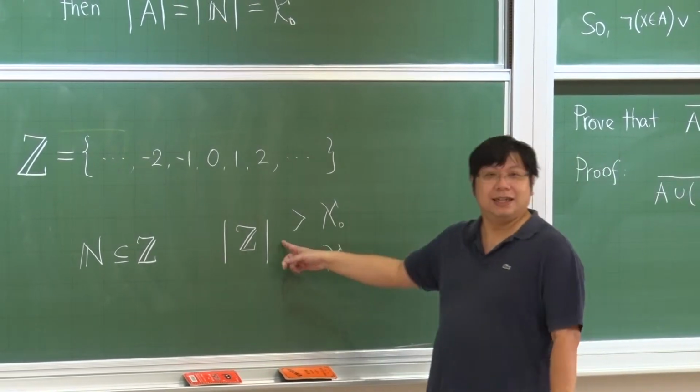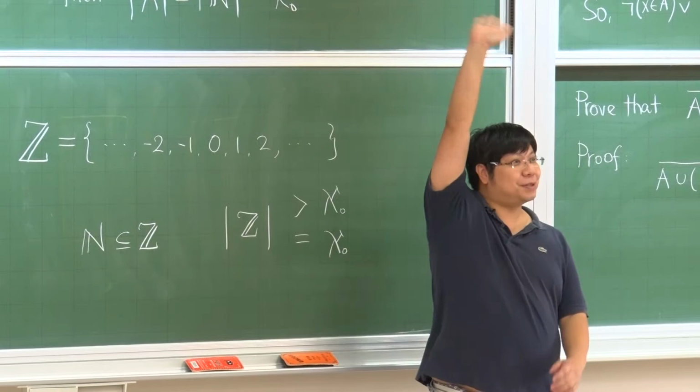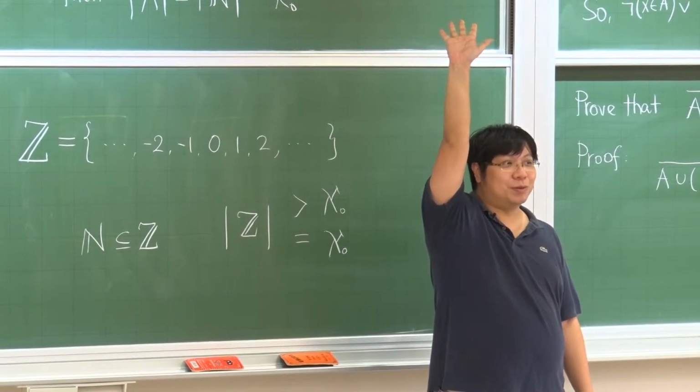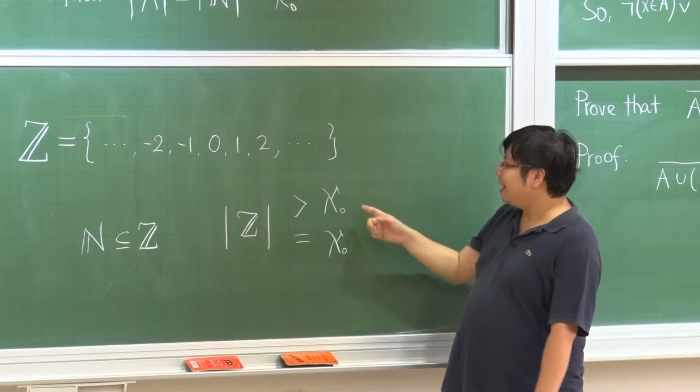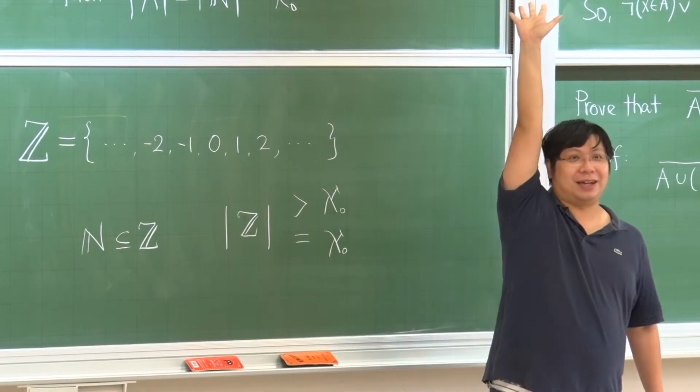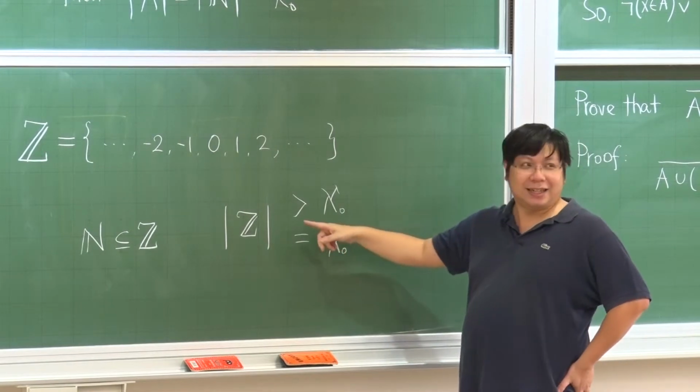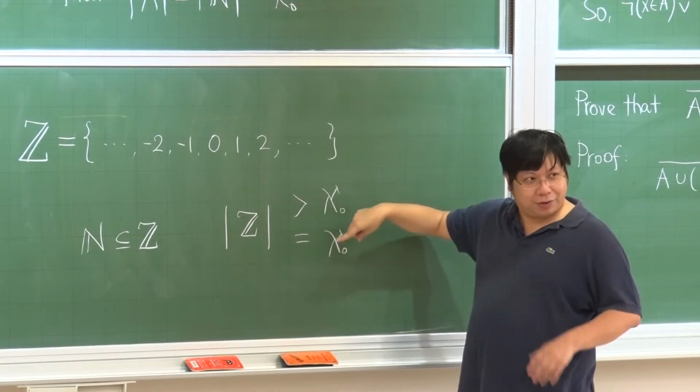What do you think? If you think it is equal, could you please raise your hand? If you think it is strictly greater, could you please raise your hand? There are still divided opinions.